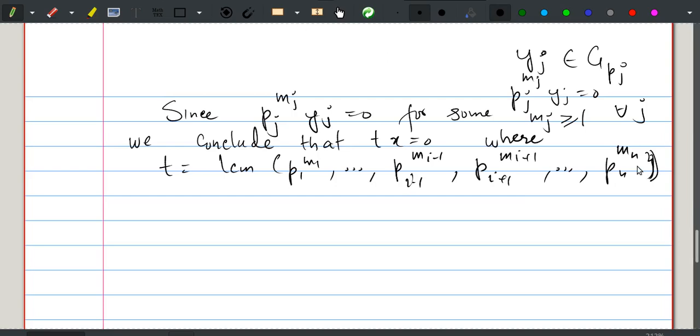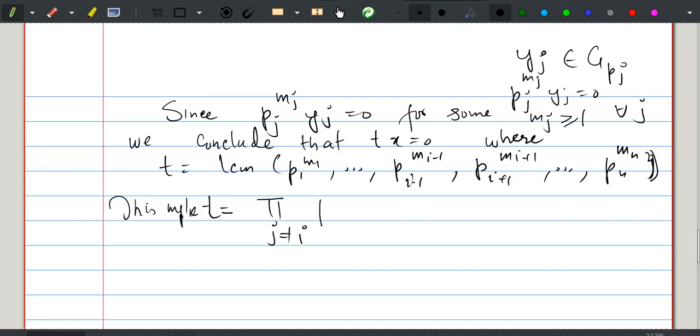The reason being the product of two numbers is the same as the product of their GCD and LCM. So this t is the product over j not equal to i of pj to the mj, because these pj to the mj are relatively prime, so their LCM is just their product.